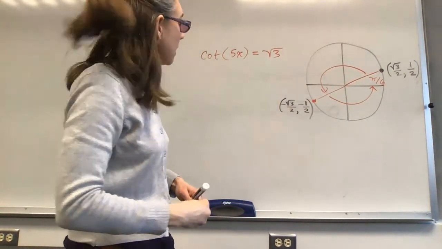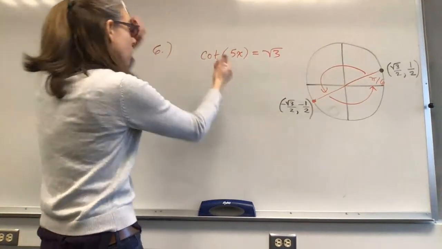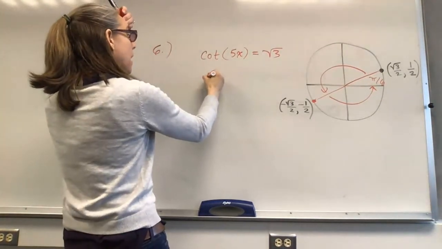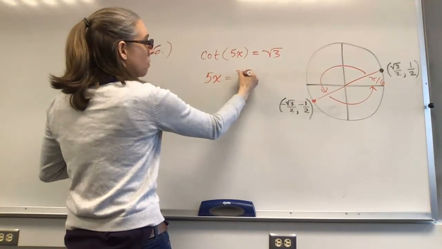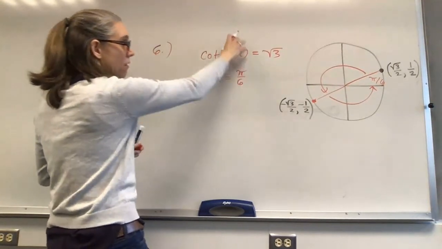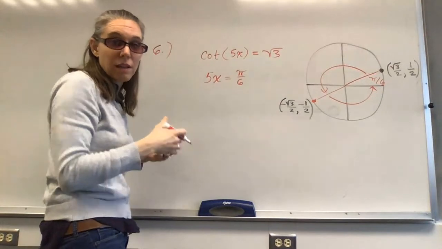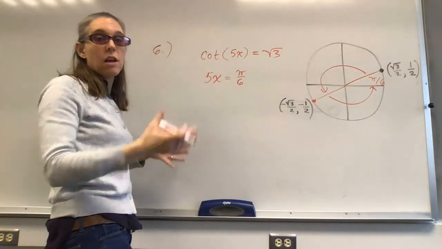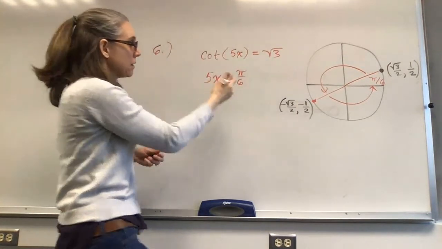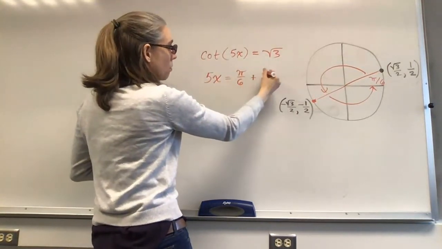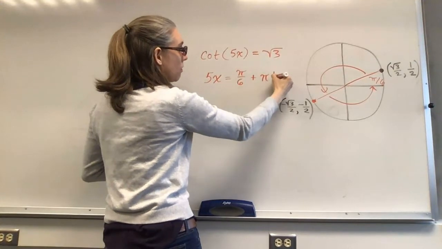So what I'm getting is that 5x has to be equal to pi/6, that theta value, so to speak. Theta was just a dummy variable I threw in there. But that theta value has to equal pi/6 plus multiples of pi.